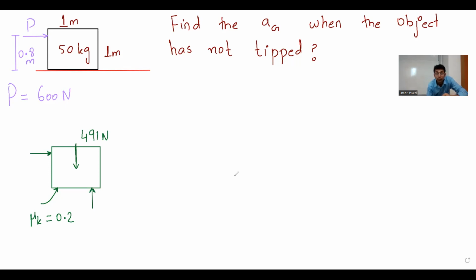Okay, I will answer this later, if you are not sure. It's like the center of gravity. No, I'm intentionally putting it here because this object can tip. That's why I put it at a random place.